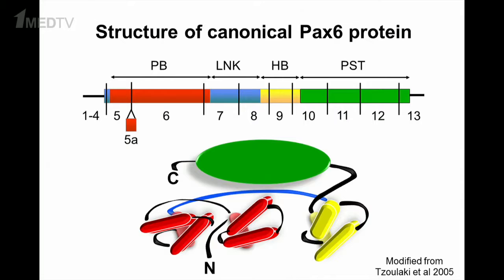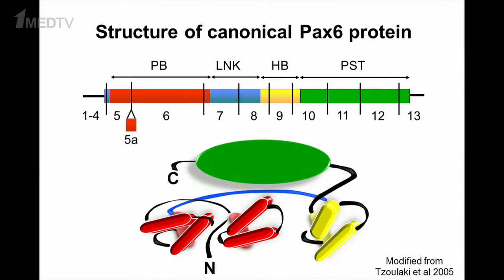So we're going to change how we look at PAX6 now to make a picture of the protein. The top line shows the domains PD, PB, HB, and PST as they would occur on the chromosome. This is a picture of how I think of PAX6.